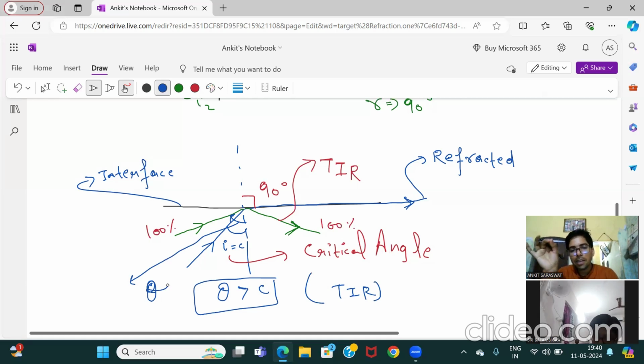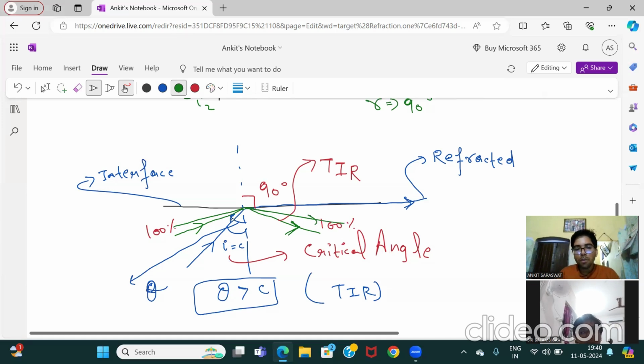And beyond the critical angle, the entire light becomes totally reflected to the same medium. Total means total light. Internal means reflection within the same medium. Here it is internally reflected. If you again increase the angle of incidence, you will see the same behavior.